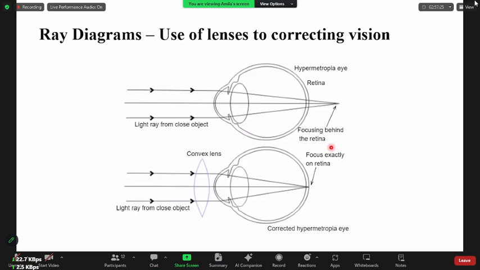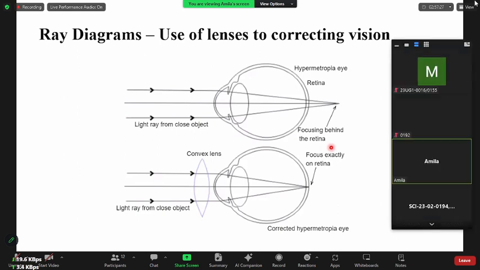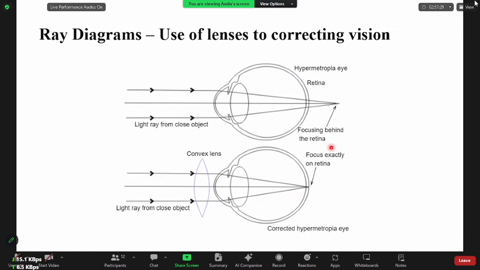Some people can't see things that are very close. What is the reason for both cases? The problem is that the image is not focused at the retina.